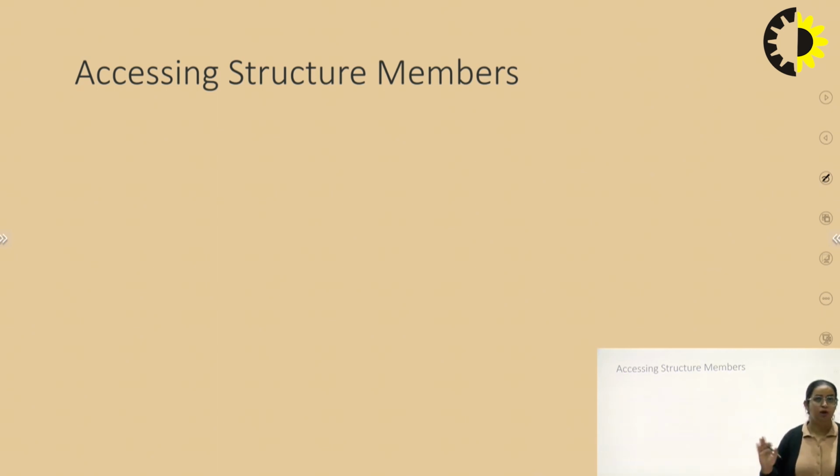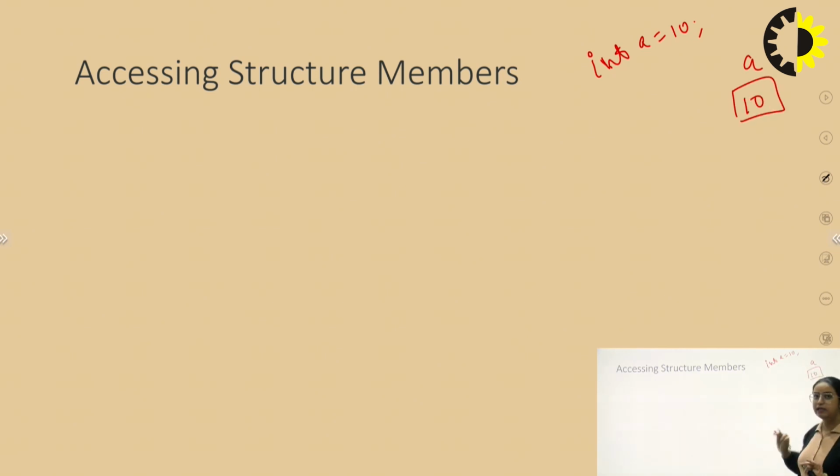If I talk about normal data with a normal data type, suppose we write int a equals 10. That means I have a variable and in that variable I am storing the value 10. Now I want to access this element.